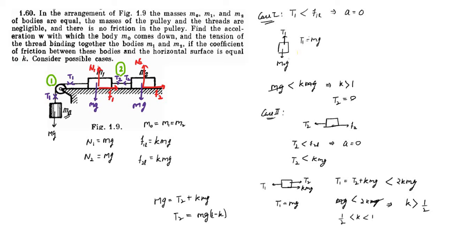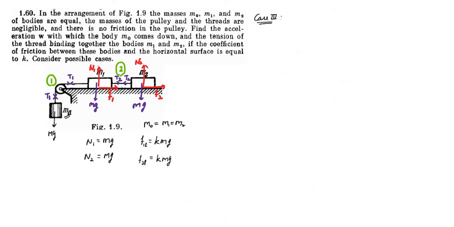Now let us move to the third case, that is when acceleration is not equal to 0. If acceleration is not equal to 0, that means T2 will not be equal to 0, neither will T1 be equal to 0. Now we can apply the laws of motion along the string.